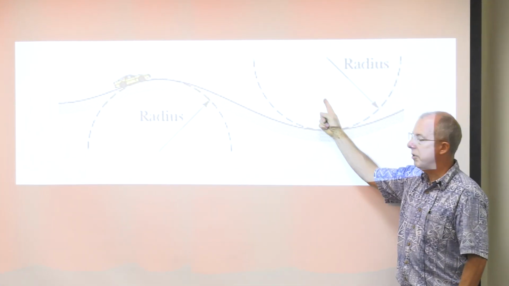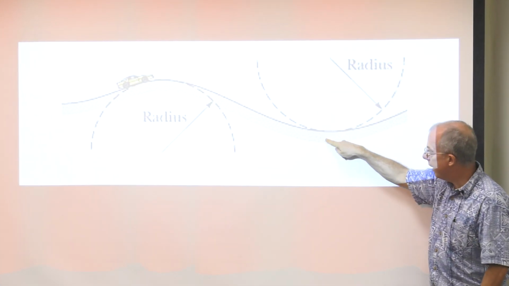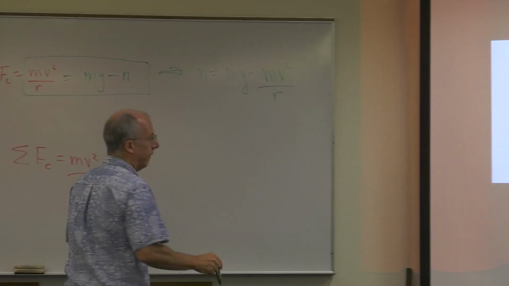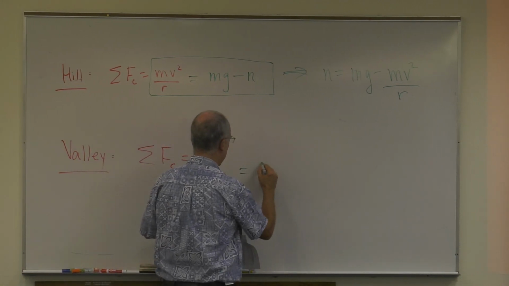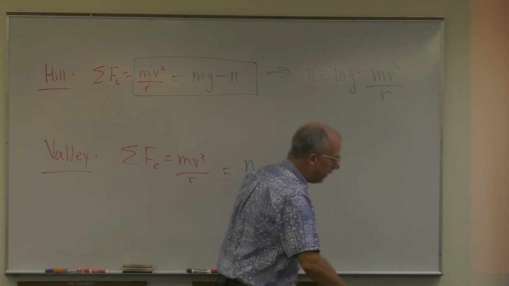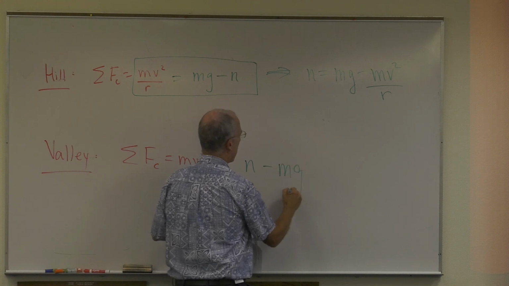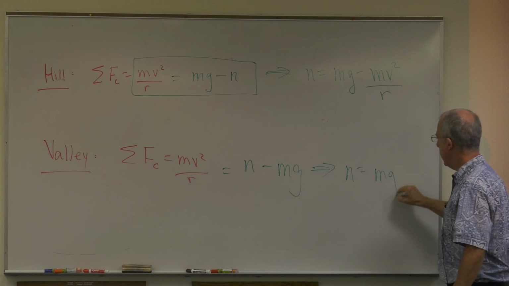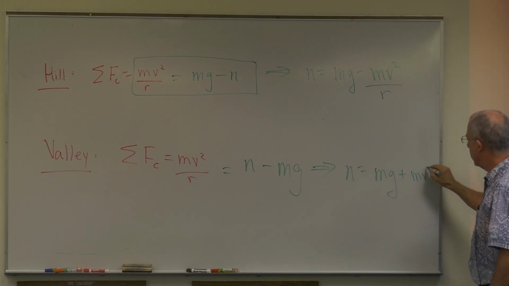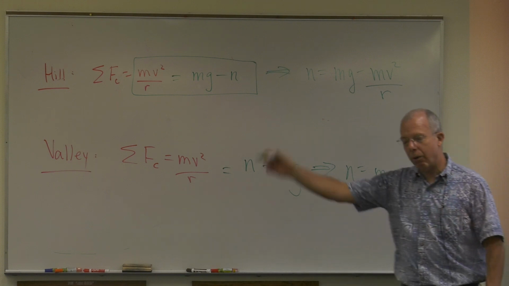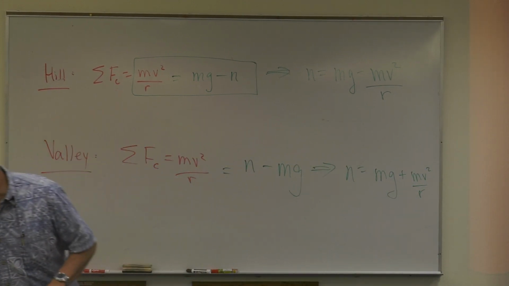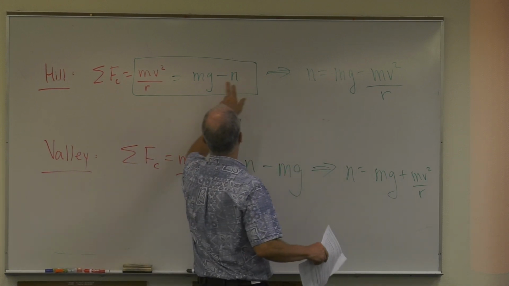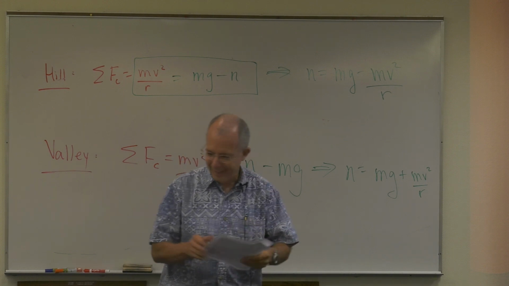There's a normal that points towards the center of the circle, and there's weight that points away from the center of the circle. So here, the normal is positive, and the weight is negative. So therefore, the normal equals mg plus mv squared over r. There you go. So I like that example because it emphasizes the use of the pluses and the minuses, all right? Okay.